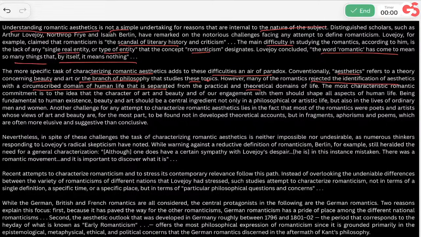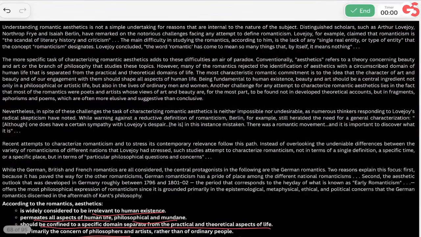The most characteristic romantic commitment is to the idea that the character of art and beauty and of engagement with them should shape all aspects of human life. Being fundamental to human existence, beauty and art should be a central ingredient not only in philosophical or artistic life but also in the lives of ordinary men and women. कुछ ऐसा था यहाँ पे.